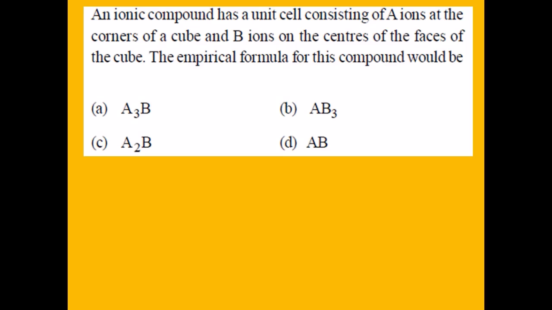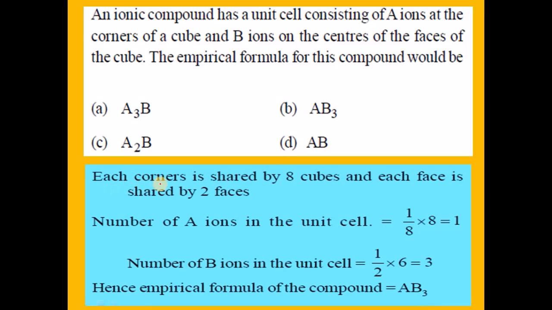An ionic compound has a unit cell consisting of A ions at the corners of a cube and B ions on the centers of the faces of the cube. The empirical formula of this compound would be?